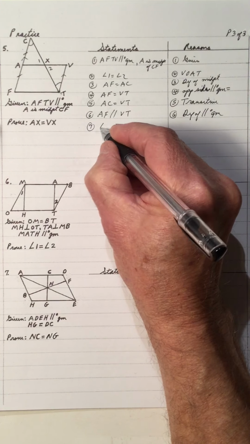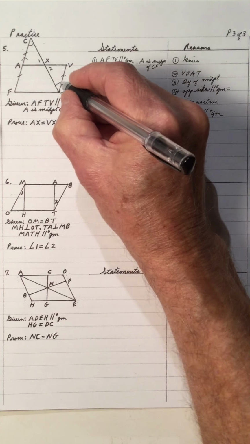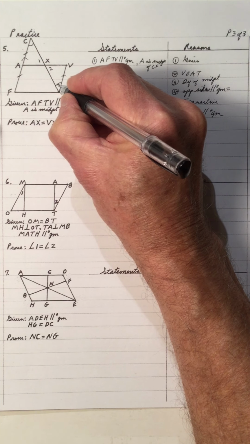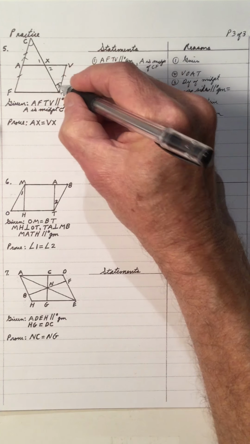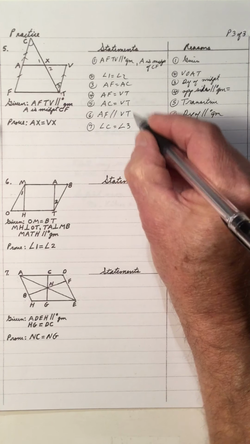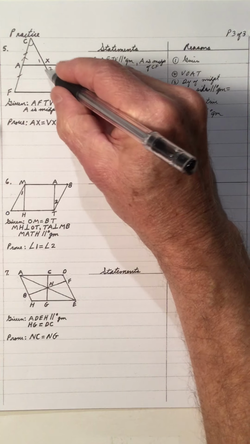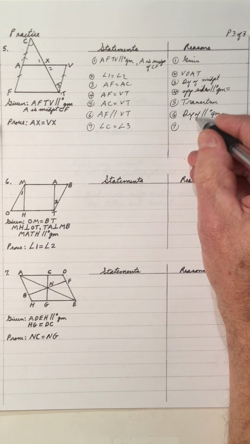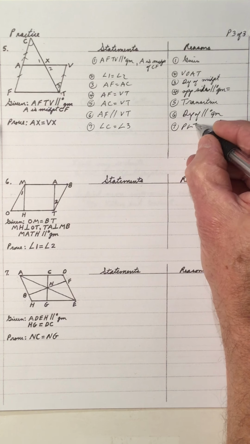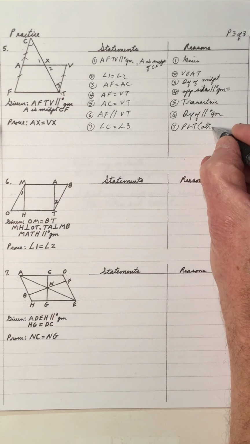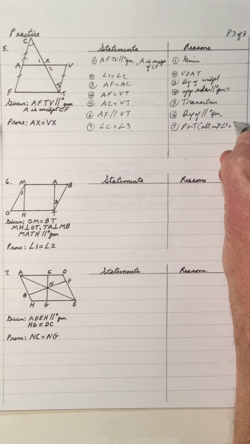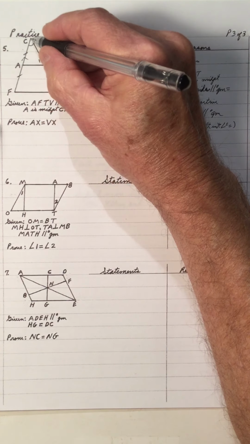That means that angle C is equal to, let's name this angle right here as 3. Angle C is equal to angle 3. I could have said VTX, 3 is better, and that's PLT, alternate interior angles equal. In other words, the Zorro.